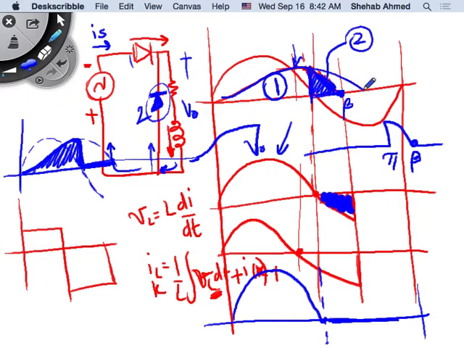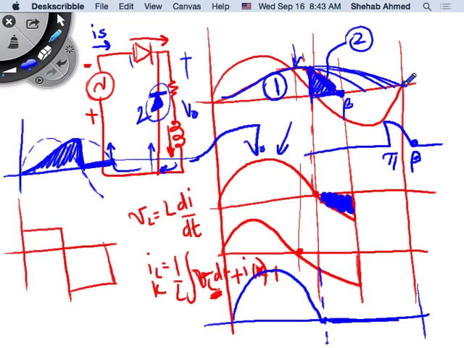So beta will change from here to here to here. How about what happens here? Here, all of this, the voltage across the inductor was negative. At some point, the source flips polarity. The voltage starts to become positive again, right?